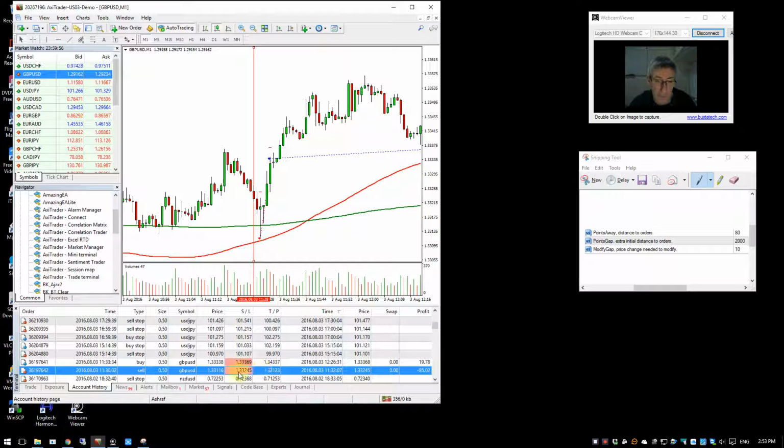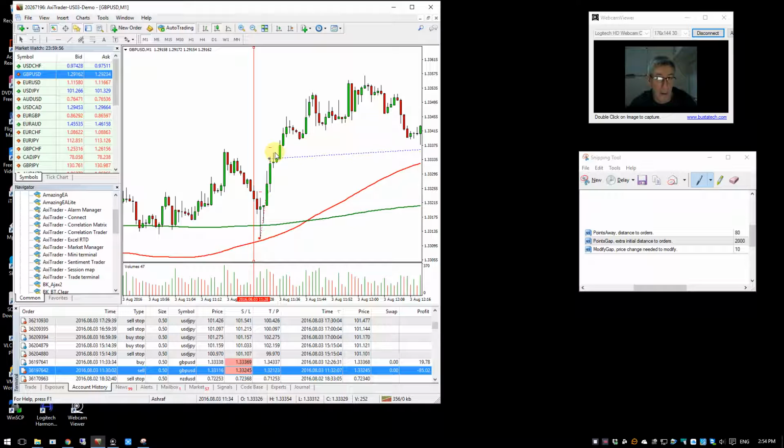So I got stopped out for a stop loss of 10 pips plus the spread, and the trade reversed so much that actually the opposite order was activated, the buy, and that was on a trailing stop, and that made a little bit of money, so I got some of it back.